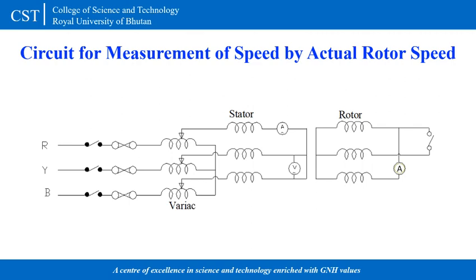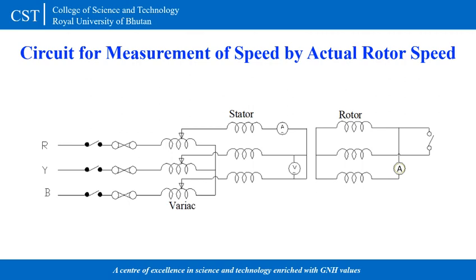Because of Faraday's law of electromagnetic induction, there will be current flowing in the rotor. We are simply short-circuiting the terminals of the rotor with the help of an ammeter here.